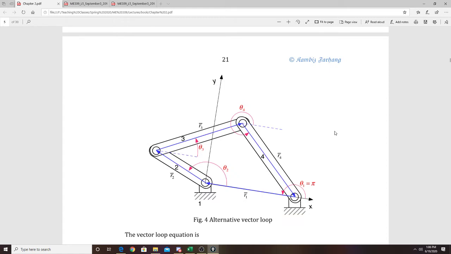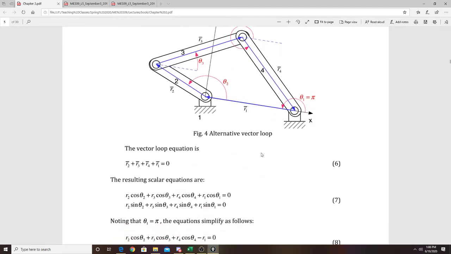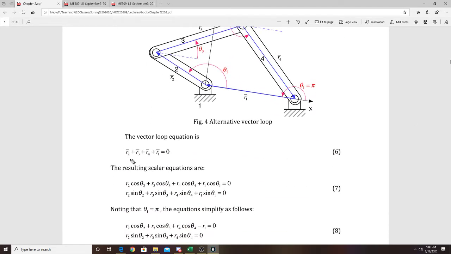So then on the next one, if you recall, I talked about this very briefly. On the next one, they have a different direction for the vectors. They have R2 plus R3 plus R4 plus R1. So essentially it is the exact same question, except that the vector directions have changed.